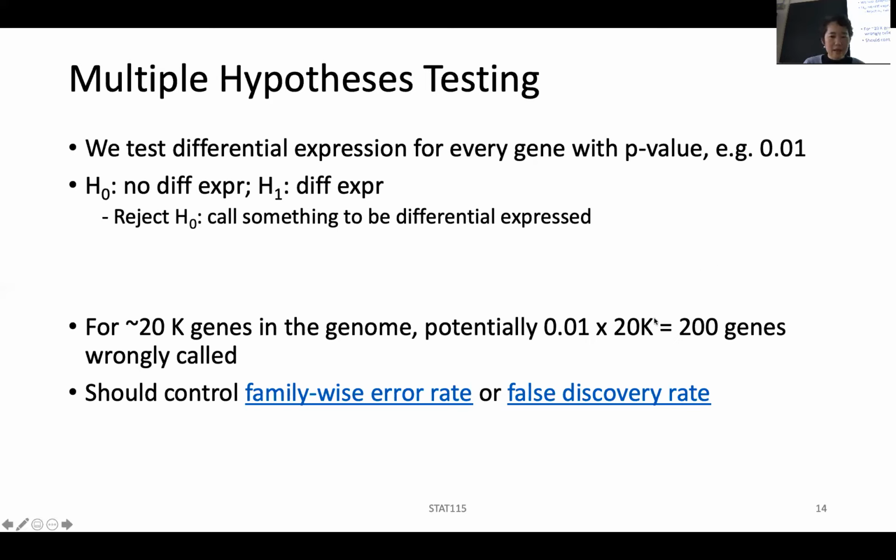By chance, you will have 200 genes that have a p-value less than 0.01. And so even if you have no genes differentially expressed, you will still call about 200 genes, and probably all of them are wrong. This is similar to a situation like this.